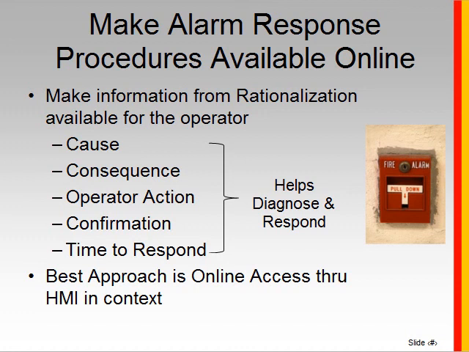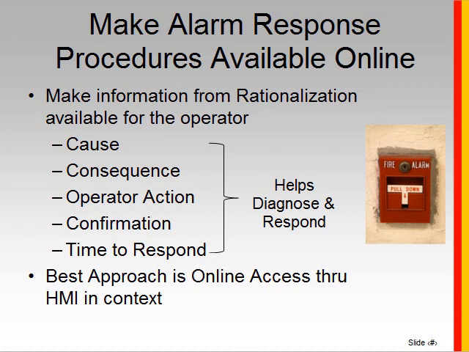Another recommendation from the ISA standard is to make alarm response procedures available online. Of course, this will help the operator respond to the alarms. That's the goal here. When we talked earlier about rationalization, we talked about documenting the cause of an alarm, the consequence, the operator action.